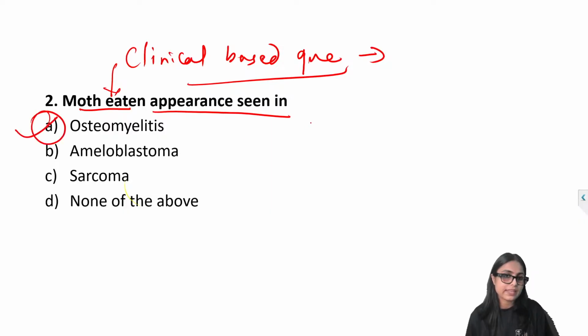Option A, osteomyelitis. The moth-eaten appearance is seen in osteomyelitis among the given options. But how will this moth-eaten appearance appear radiographically?